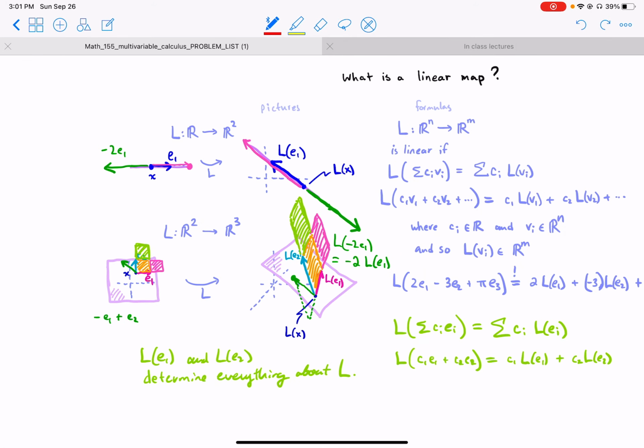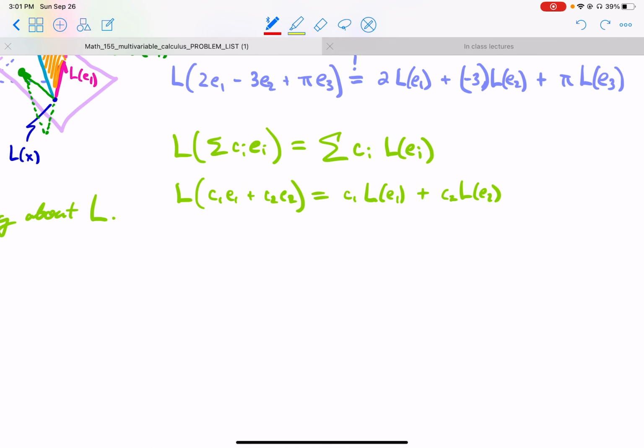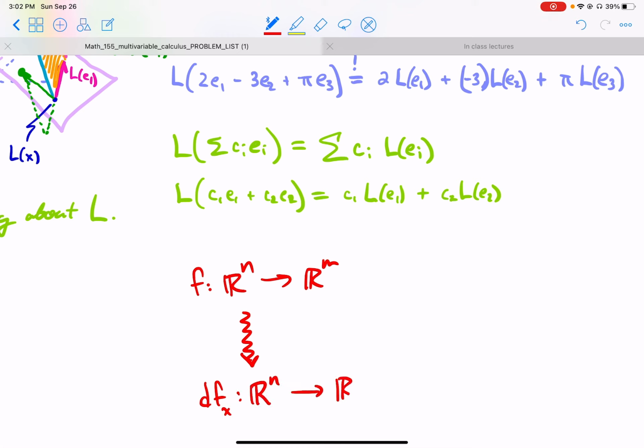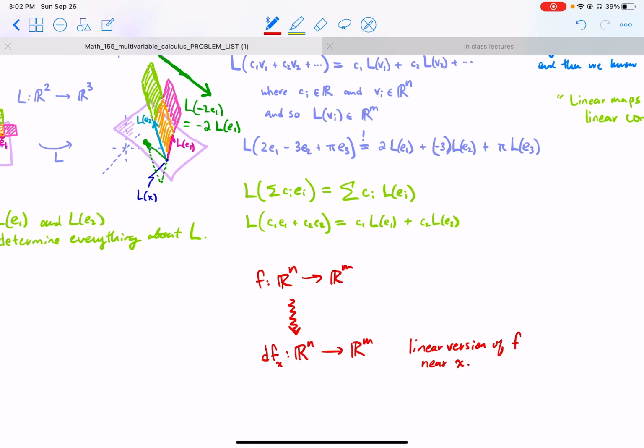But linear maps are nice. And so if we had some nonlinear map f from Rn to Rm, it would be nice if we could find some linear map, the derivative of f, that near a certain point x is the linear version of f. So that's what we'll do in the next video.